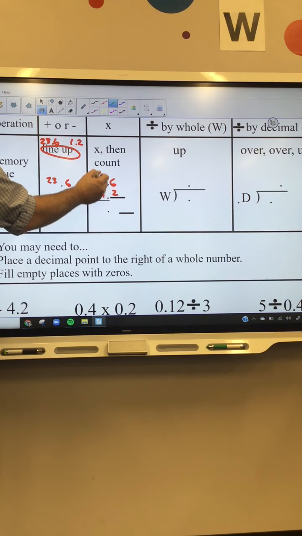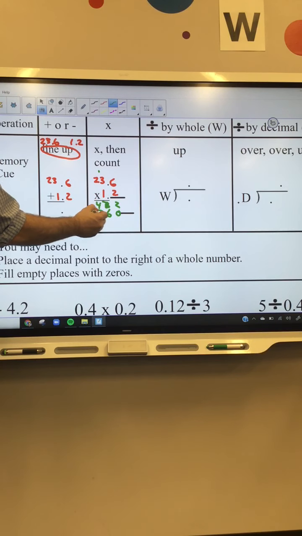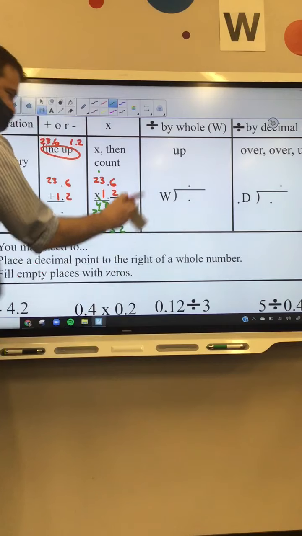And I go 2 times 6 is 12, 2 times 3 is 6, oh, sorry, plus 1 more is 7, 2 times 2 is 4. Put your place value in there, 1 times 6, 1 times 3, 1 times 2, and you add them all up, right? 2, 13, 8, 2, and I get 2, 8, 3, 2, okay?